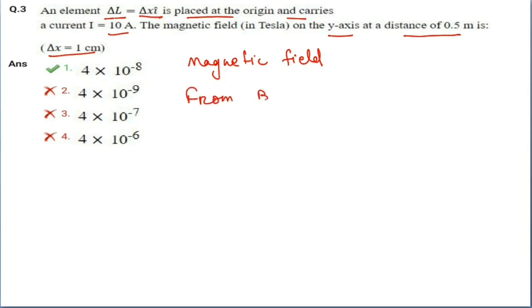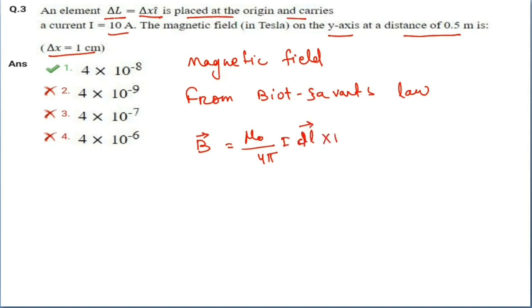Okay, so as we know from Biot-Savart's law, magnetic field is equal to mu naught by 4 pi, I dl vector cross r vector, divided by r cube.